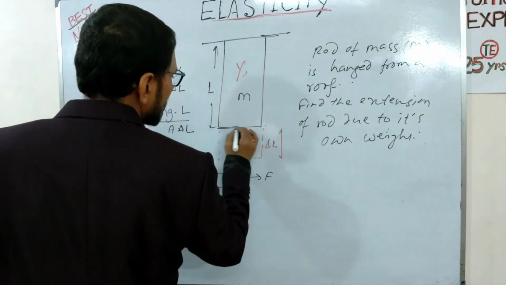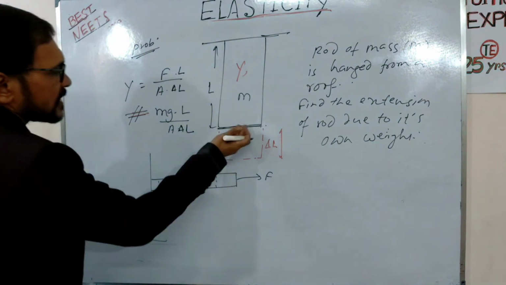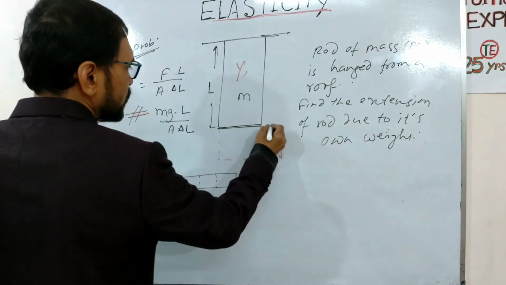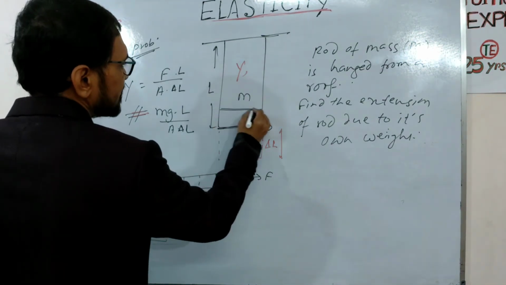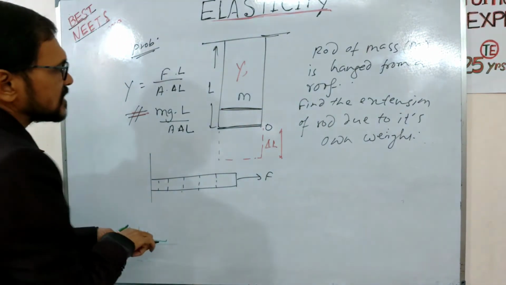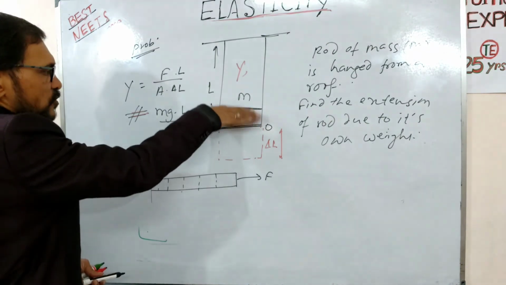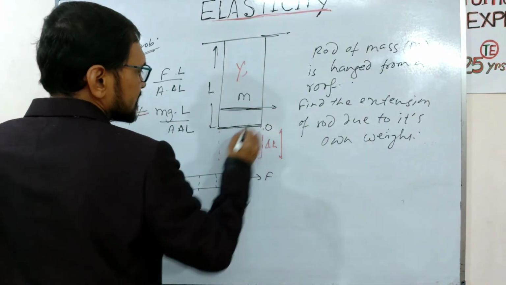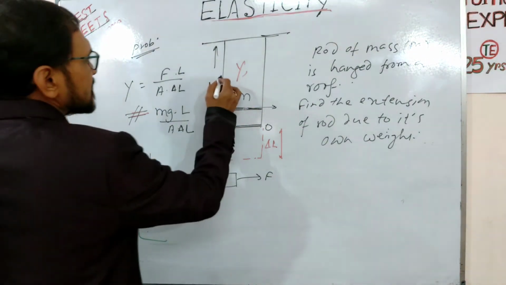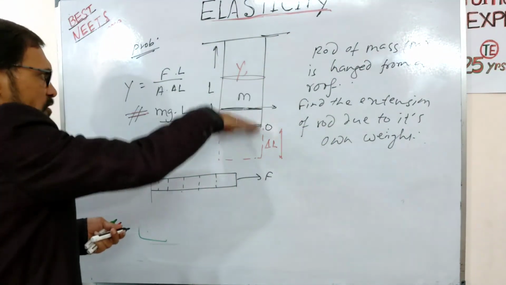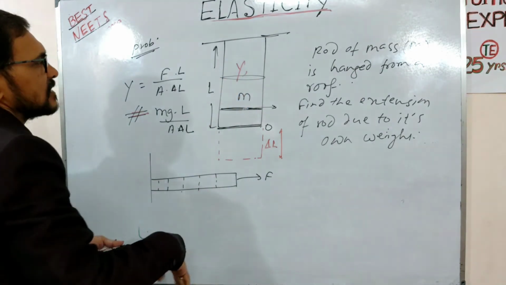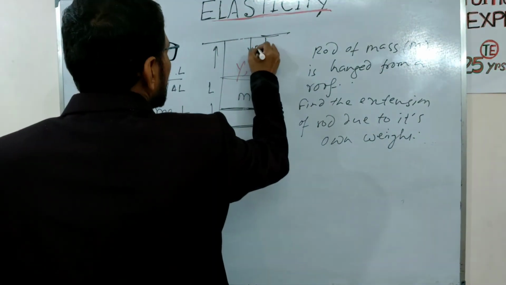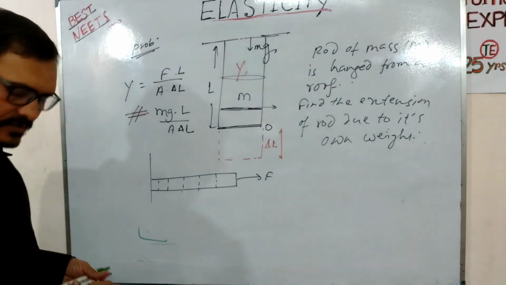So at the bottom section, the force is zero. At each section, the force is the weight of the portion below it. At the top section, the whole weight of the body acts. So we can take the average value.